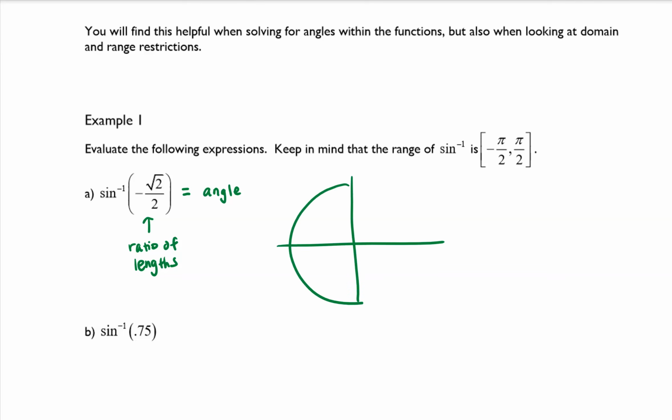And if you think about the unit circle, if we're thinking about between 0 and 2 pi, there are going to be two locations where the sine value is -√2 over 2. So one of those locations would be right here, where the y value is going to be -√2 over 2.